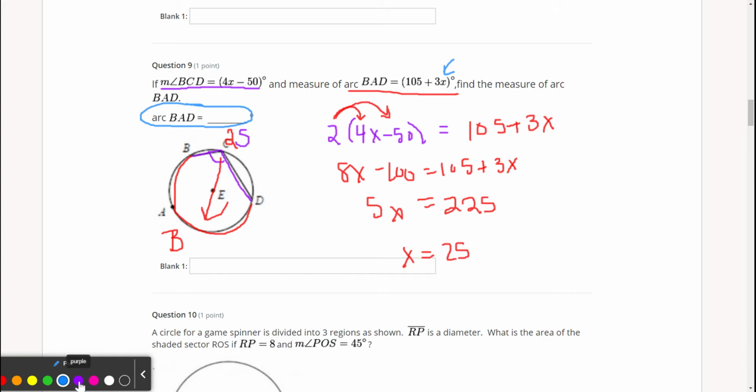Did I mess it up? Oh, yeah, I sure did. Don't listen to me. That's not 225, it's 205. So that's not 25, that's 41. Oh, Lord, have mercy. I need to get my calculator out. So then we put 41 in here. Which makes the arc 228.